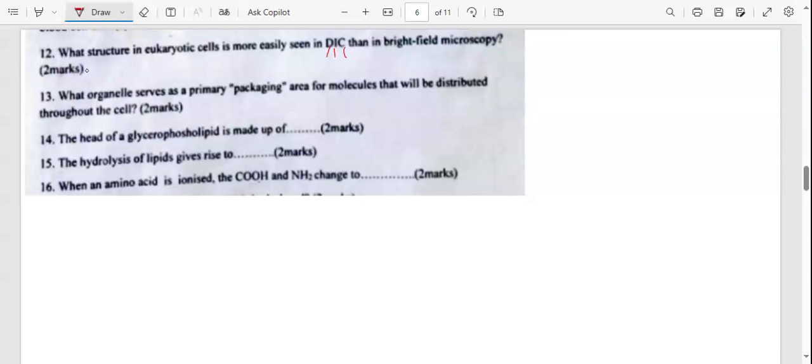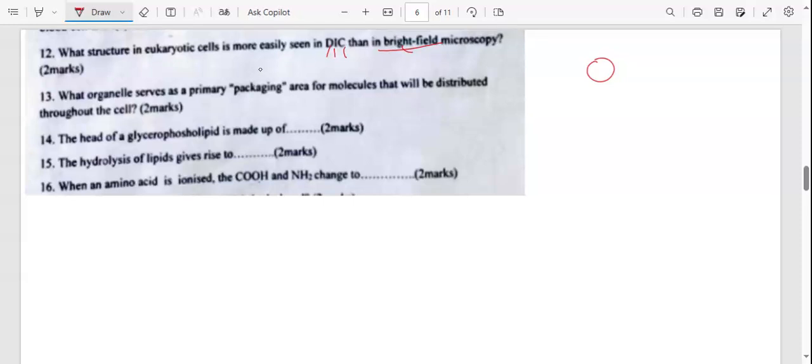The bright field one is what we can use to view cells, everything like that.